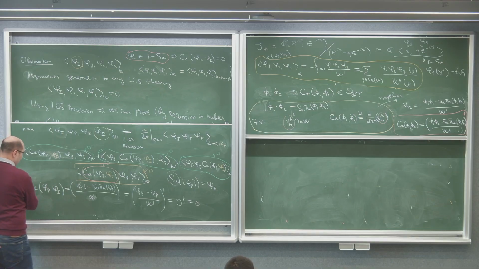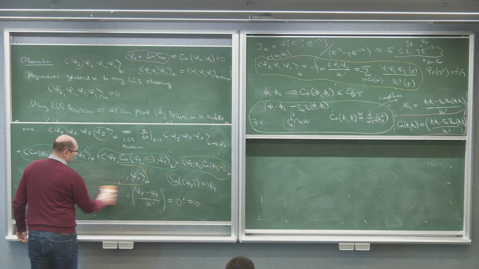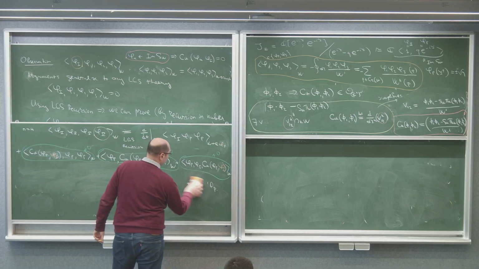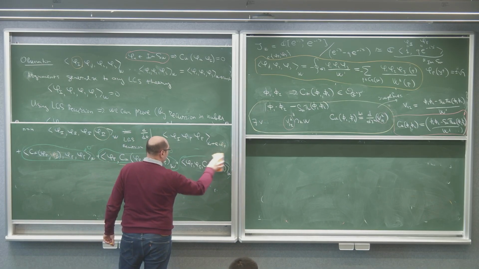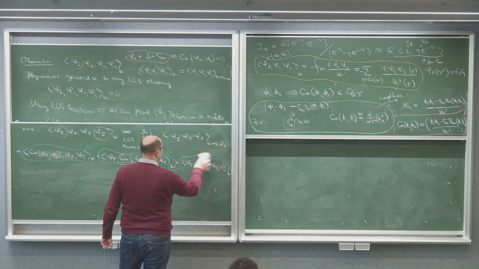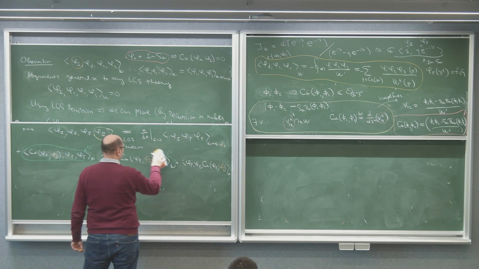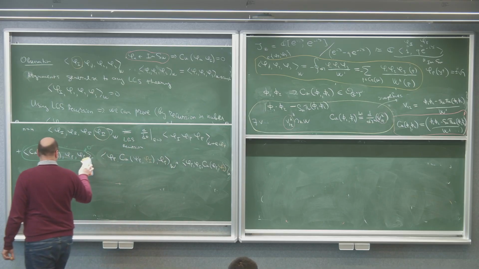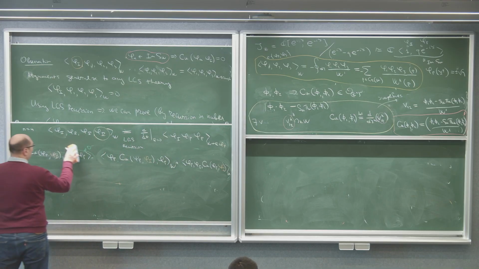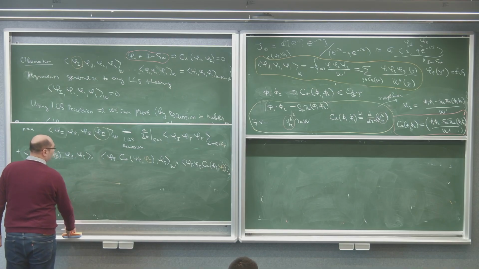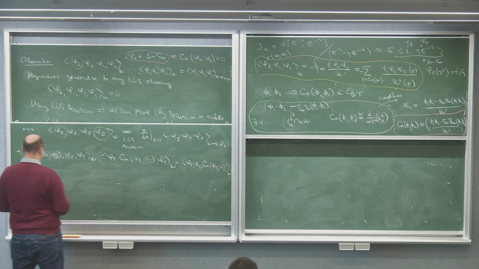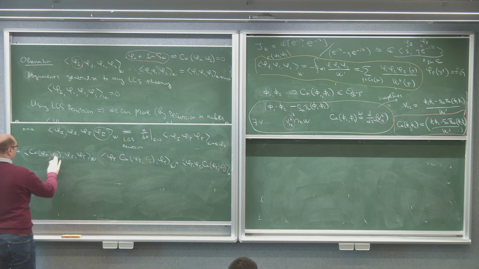Okay, so now let me erase all this in green. Now we have the following three contributions. So there will be the phi I, phi p contribution.